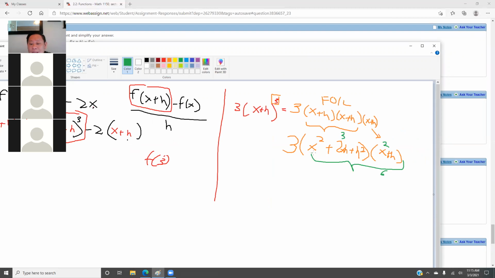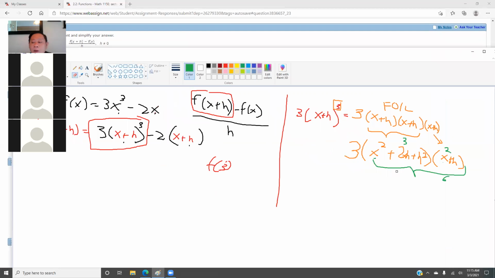So you take this x squared and multiply by x, and when you multiply x squared with x, you will get x cubed. And then when you multiply x squared with h, you will get x squared h.